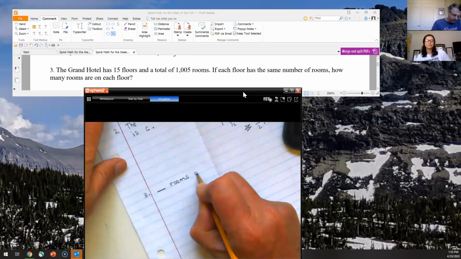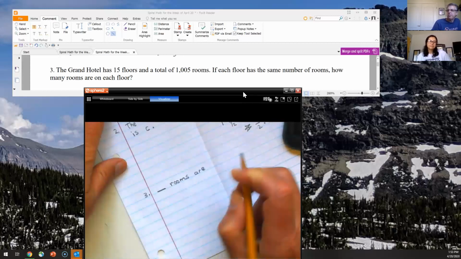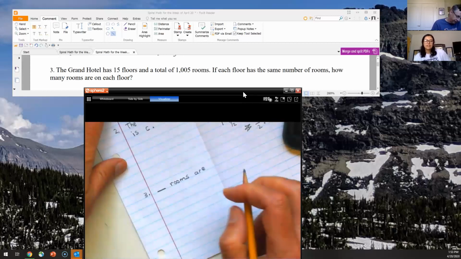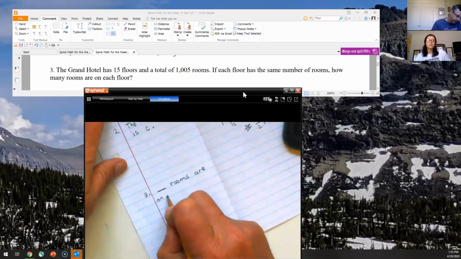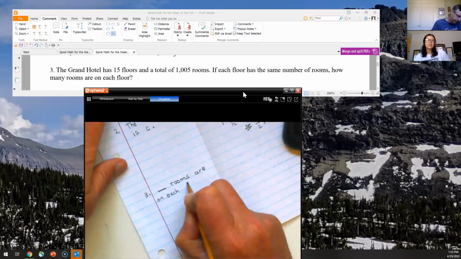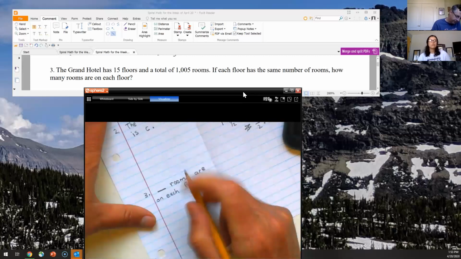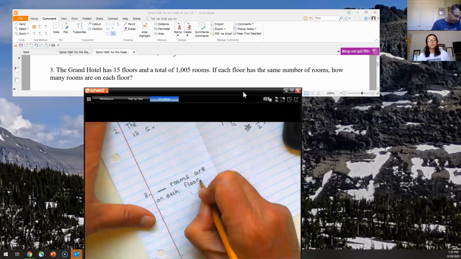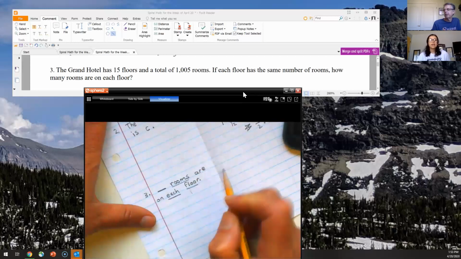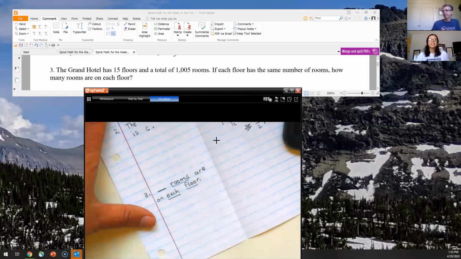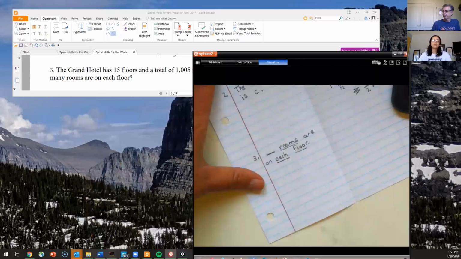That one works too. What are the key words they need to make sure they have? You want to make sure that you have the word rooms and then each floor. Because we want to make sure that we're labeling what that number represents, which is rooms, and we want to know where those rooms are going, and they are going to be on each floor. So those are going to be your key words.